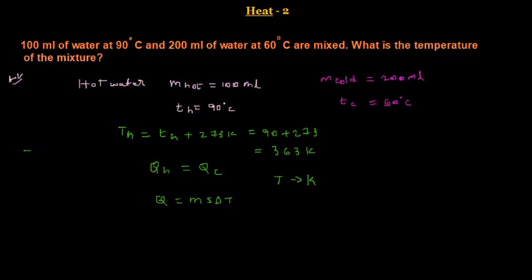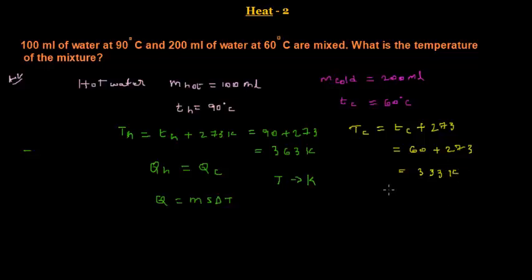Okay, now let us write the cold temperature T cold in Kelvin. So, small Tc plus 273. This is equal to 60 plus 273 which is equal to 333 Kelvin.